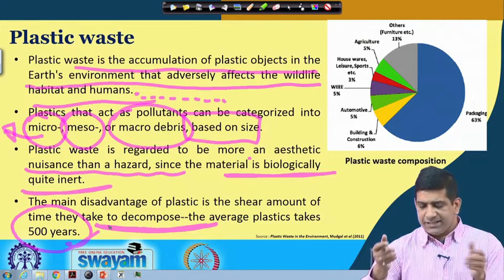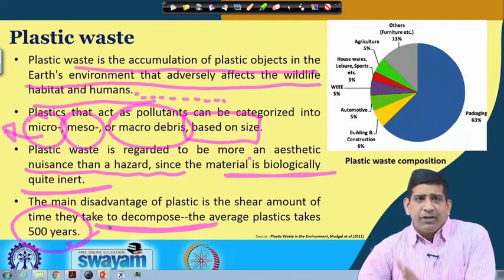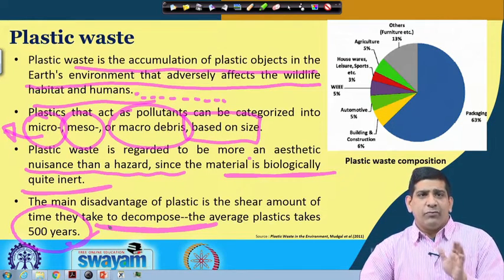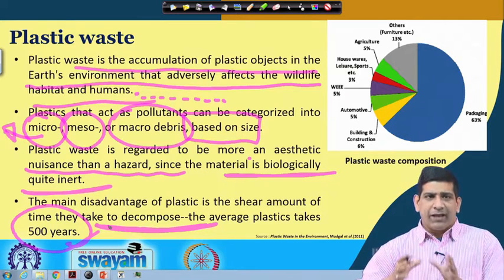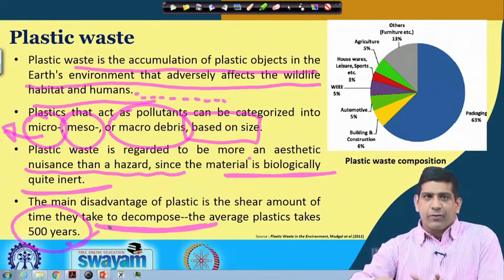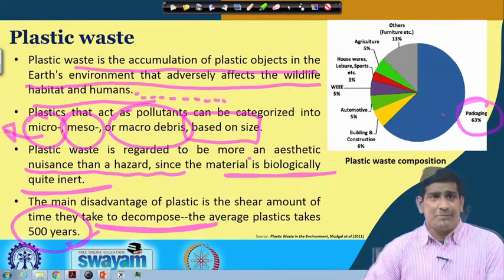In terms of where the plastic waste is coming from, in the previous slide I showed you the different components of municipal solid waste. Now, what are the sources of plastic waste? Packaging. That's a big problem today, and that problem is not going to go away, unfortunately.